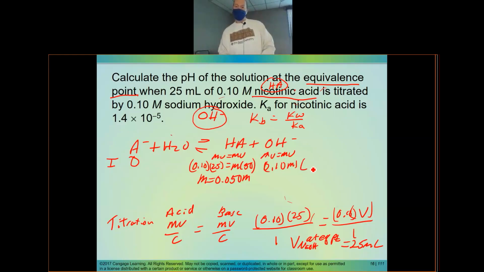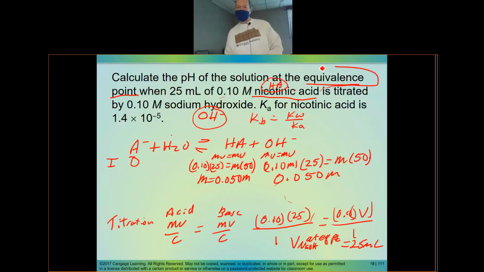All right, and by our calculation, we know that it took 25 mLs of that to reach the endpoint. What's the molarity now that we're at the equivalence point where we have the 25 mLs of both the acid and the base? And so our total is 50 milliliters. And so again, 0.050. All right, and you don't actually have to calculate both of them. If you know for sure you calculated one right, the other one is the same because of the question.